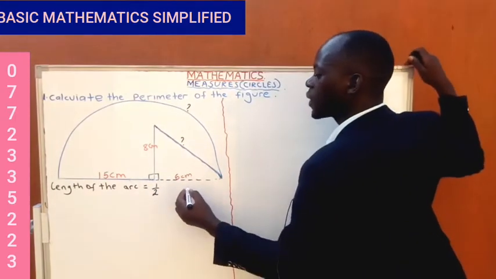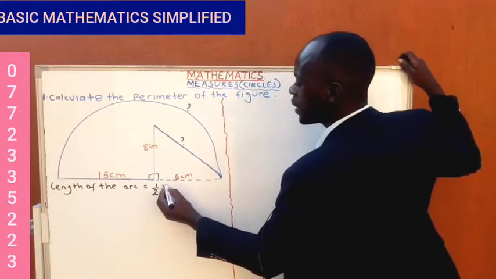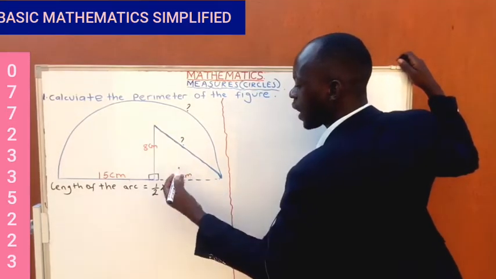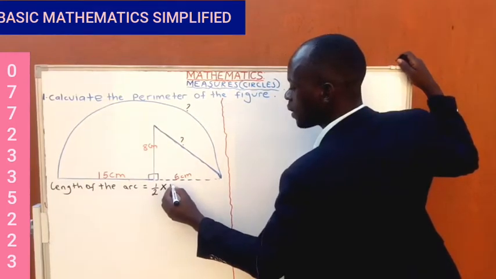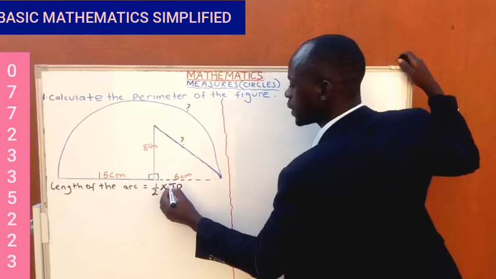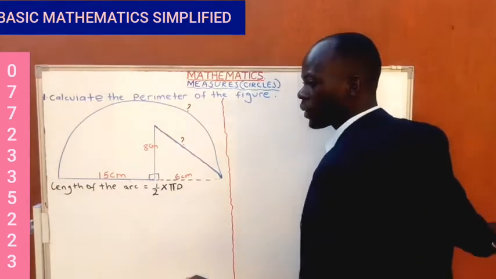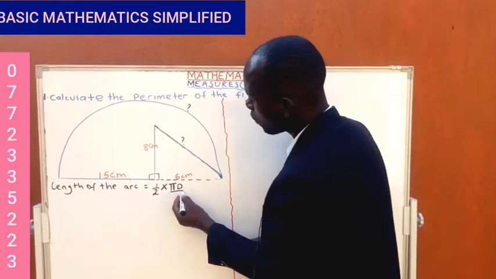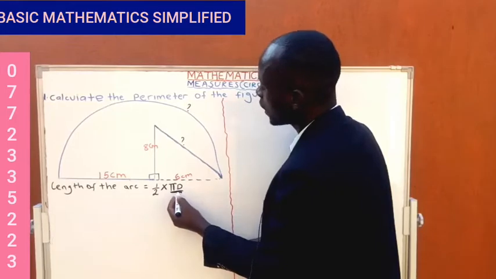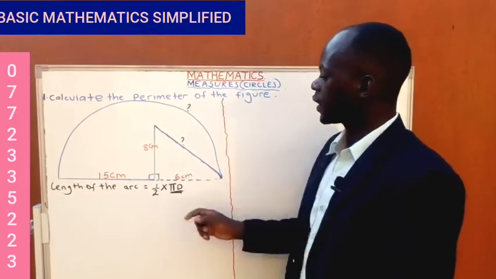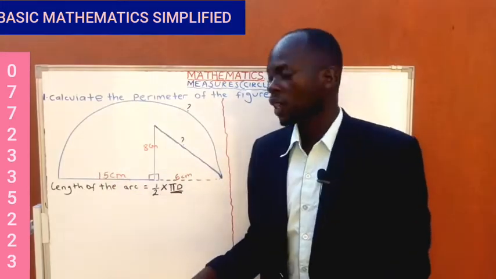Remember, a semicircle is a half of a full circle, and when we are calculating the distance round a circle, we always say pi d, the circumference, the distance round a circular object. If it's half a circle, it's a half times pi d. That's the length of this arc that we want to calculate.